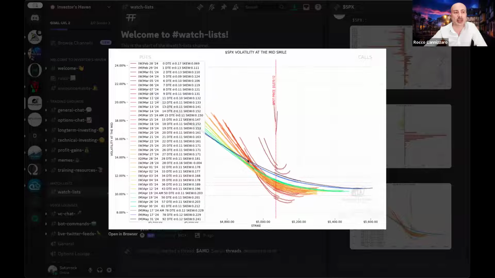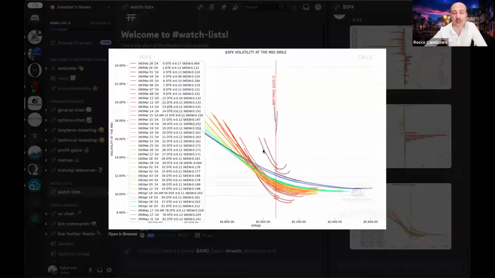As you can see, there's always this effect where the left side has a much higher volatility than the right side. So long story short, selling a put spread on SPX, even though it's a very popular strategy by many traders, I don't necessarily get the most premium out of this because of the skew, especially if the skew is very high like in this case.